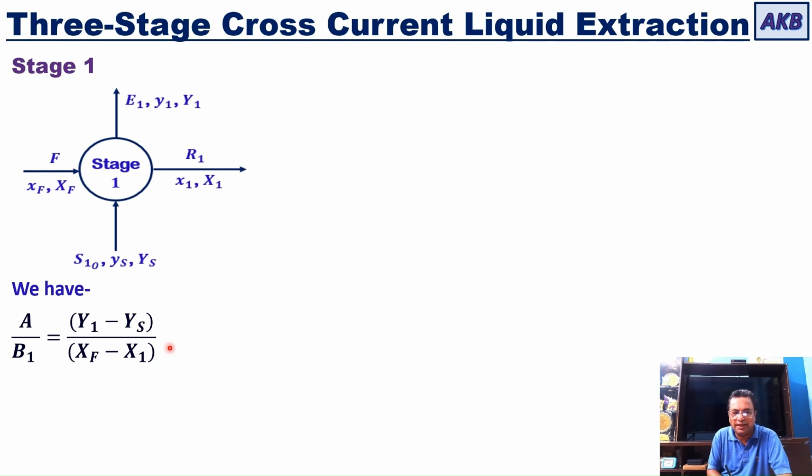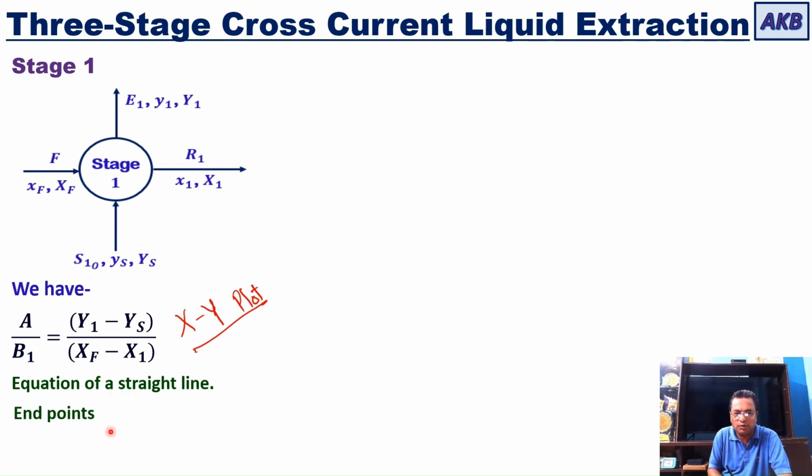So on an XY plane, this equation is a straight line. It is an equation of a straight line which has endpoints of XF and the other endpoint is X1 Y1.